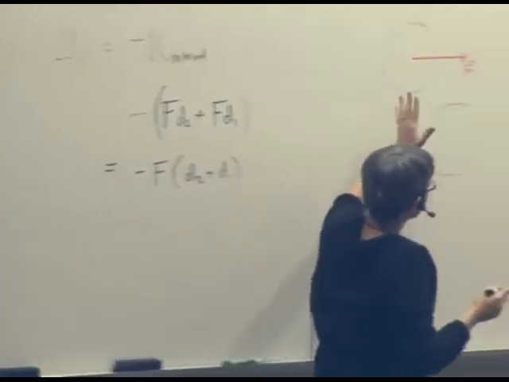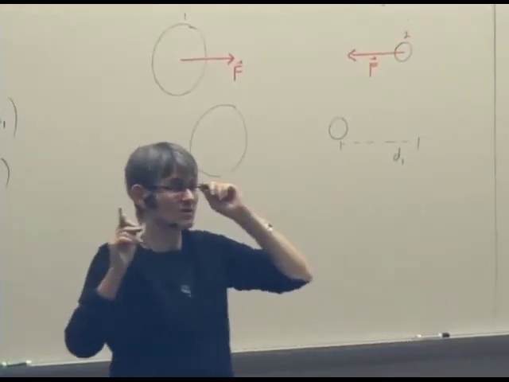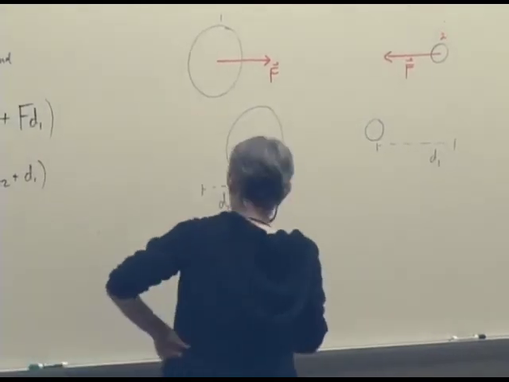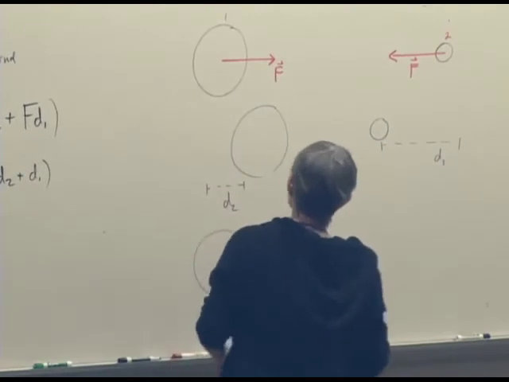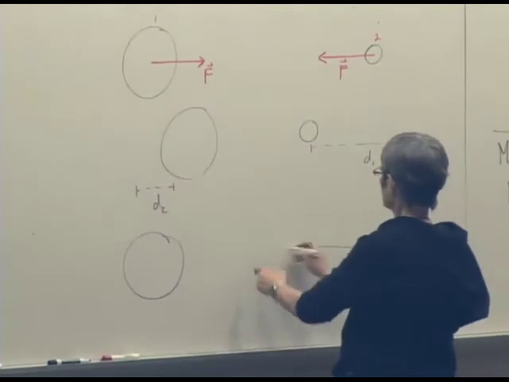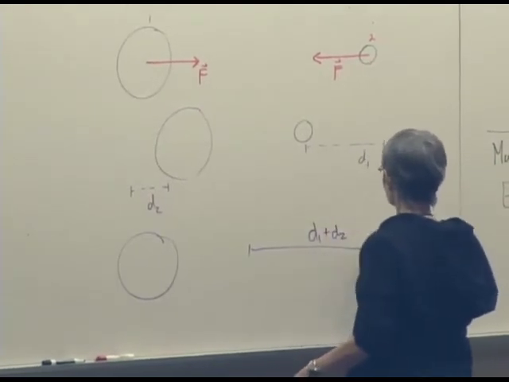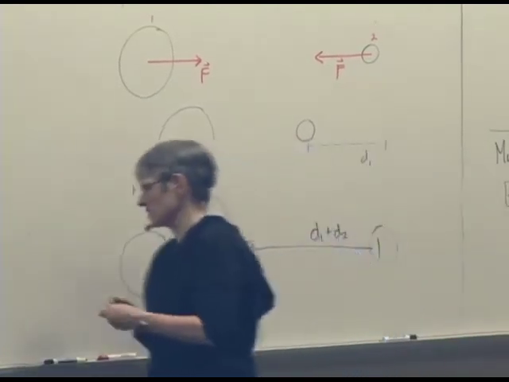And notice that what this says is that it's only the change in the relative position that matters. It's not which one moved how much, because we'd get exactly the same mathematical expression if this one was here and didn't move at all, and that one moved a distance d1 plus d2. So we'd still have an F times d1 plus d2.